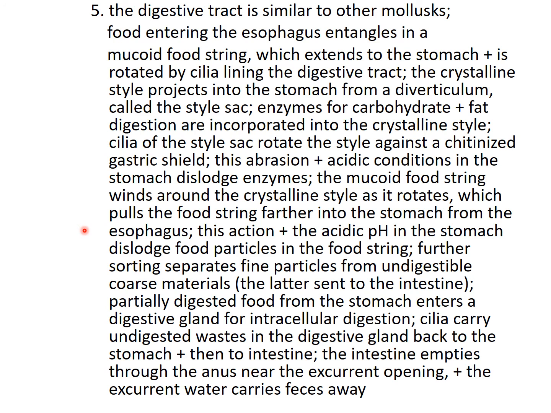This action, along with the acidic pH in the stomach, dislodges food particles in the food string. And there's further sorting that separates fine particles from undigestible coarse material. The coarse material is sent to the intestines.